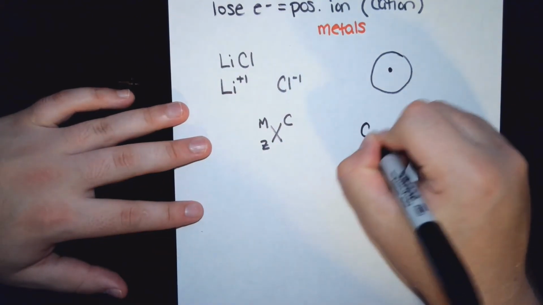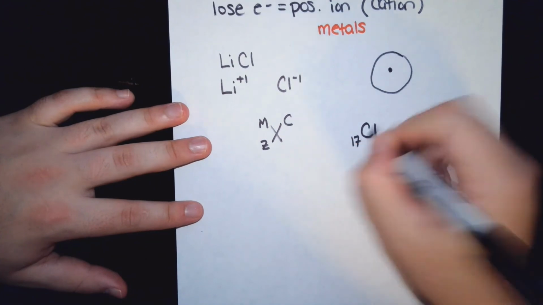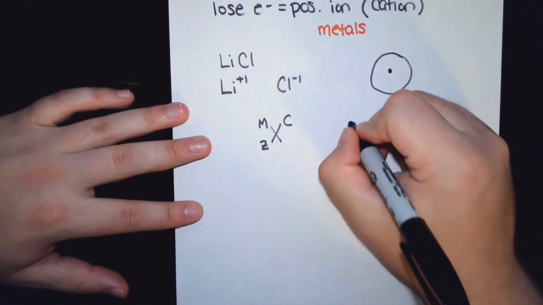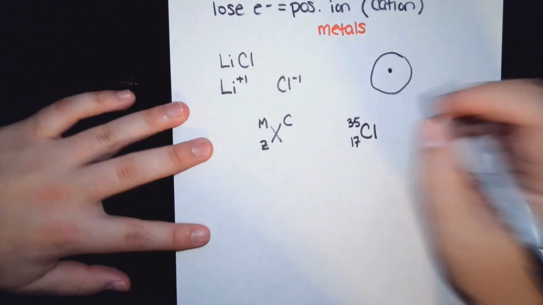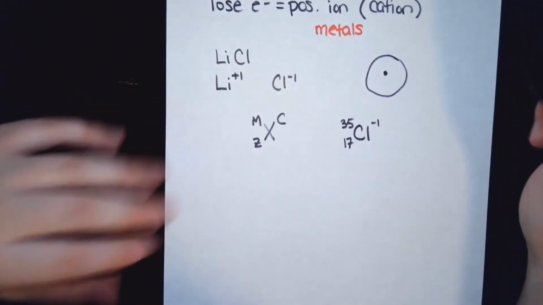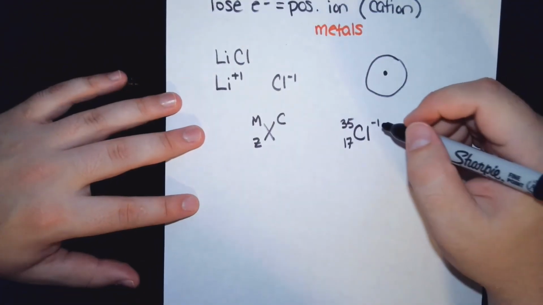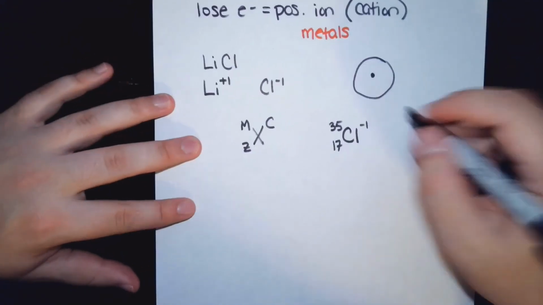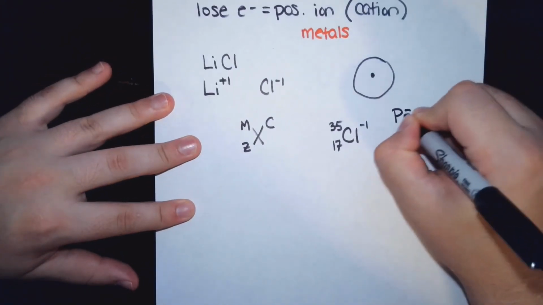So let's use chlorine as an example. So we've got chlorine, atomic number 17. I'm going to say this is chlorine 35, and it has a -1 charge. So if I gave you this, and I would ask you, how many of each subatomic particle does it have? Well, protons is easy.